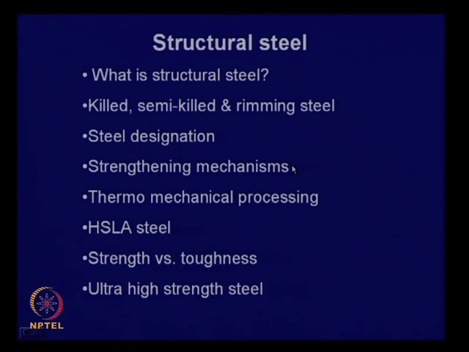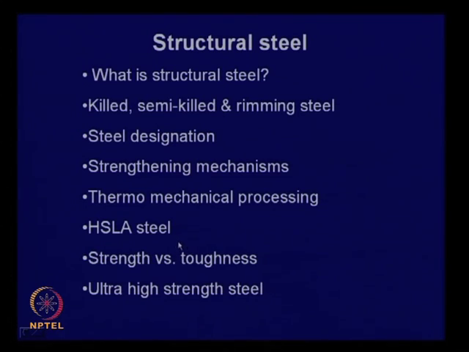Maximum emphasis has been given to grain refinement, and that is the very basis of thermomechanical processing. We shall talk about how it has helped in producing a range of high strength low alloy steels where the alloy content may be extremely small.